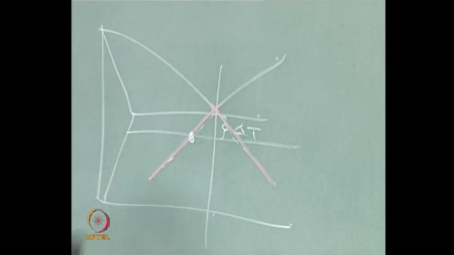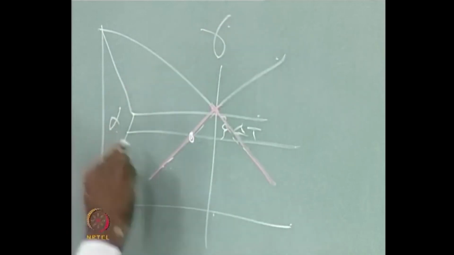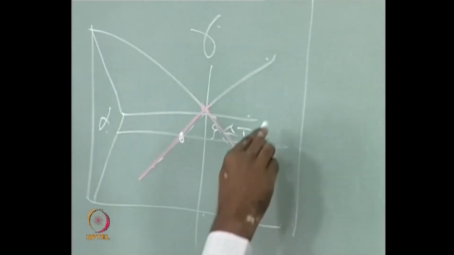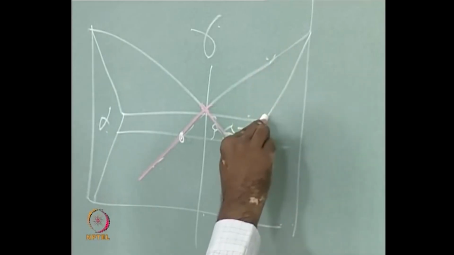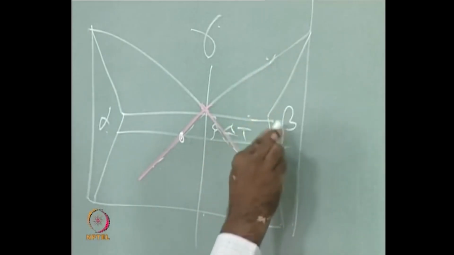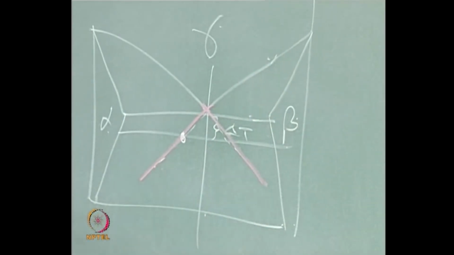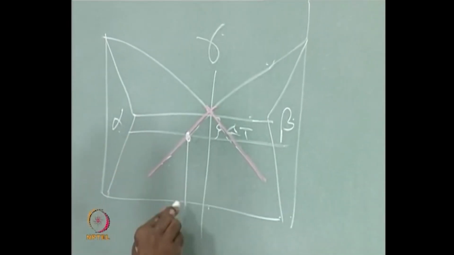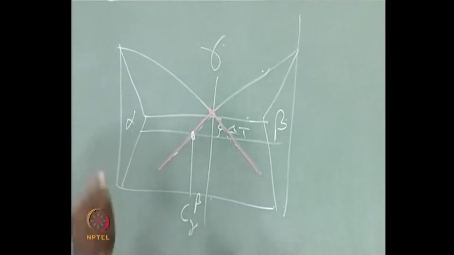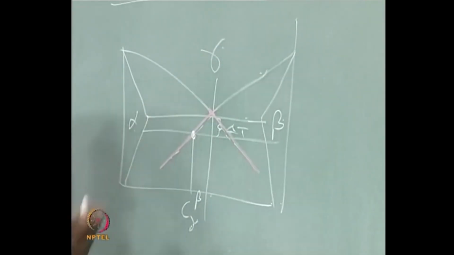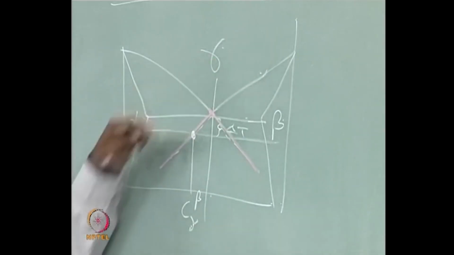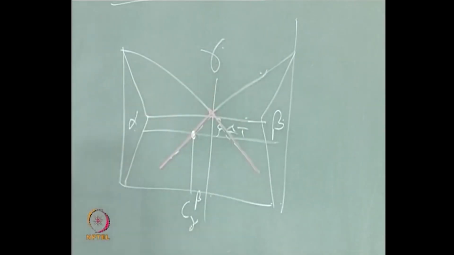If I call this gamma, if I call this alpha, and if I have some beta here, let us say, this is the composition of gamma in equilibrium with beta, because it is that solvus line or that transformation line, which is a gamma to beta transformation line, which is what I am extrapolating.